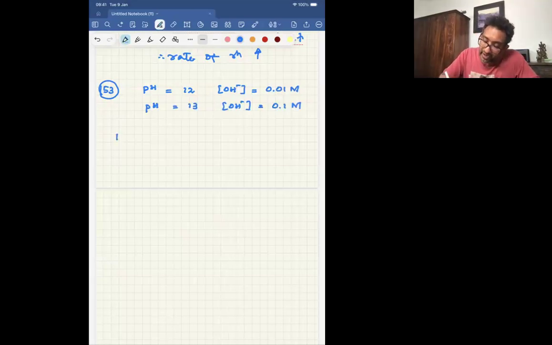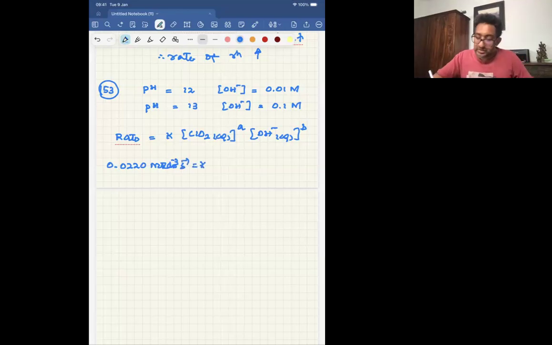I think rate is equal to K times ClO2 aqueous to the power a, hydroxyl to the power b. I think you substitute: 0.0220 moles per cubic decimeter per second is equal to K times 0.06 moles per cubic decimeter to the power a, pH 12 meaning 0.01 moles per cubic decimeter to the power b.